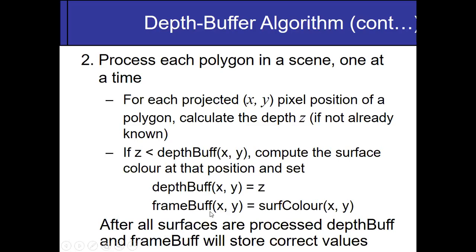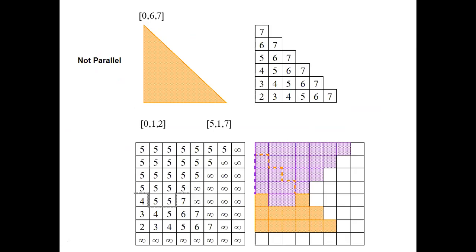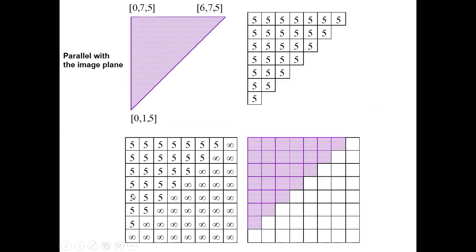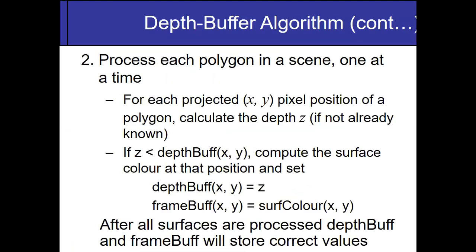Purple color. So in the previous, that is the saffron, I mean this orange triangle, what happened? Come to this part, 4 part. So it was 5, that is the purple pixel. 5 is being compared with 4, that is the orange pixel. So 4 is less than 5, replace with 4 here and replace the purple pixel with the orange pixel. So that is what it says here. Replace that surface pixel color, orange, in the frame buffer, purple.